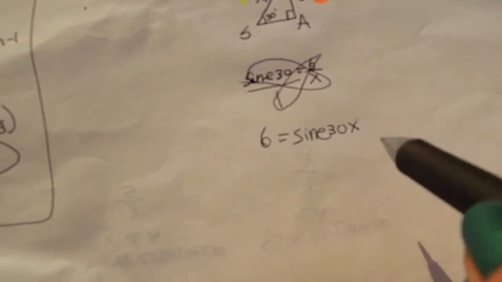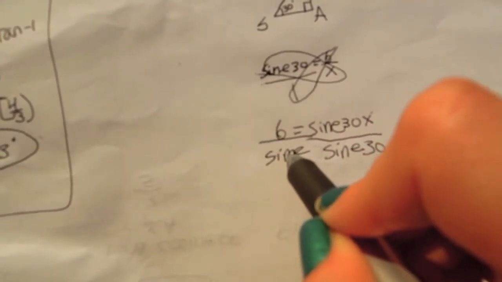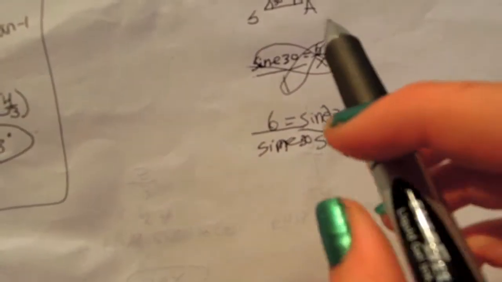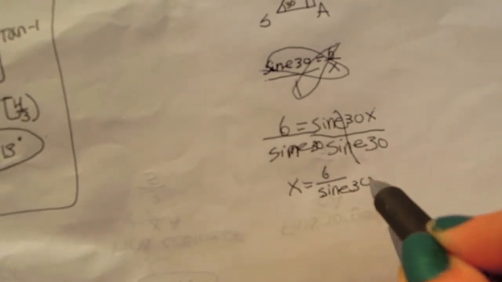Then we're going to divide by sine 30. And you're going to get x equals 6 over sine 30.